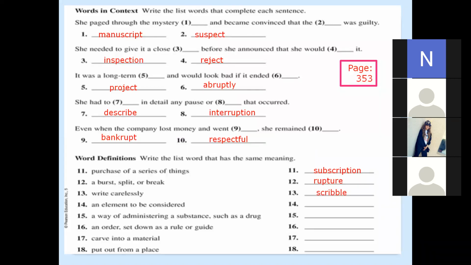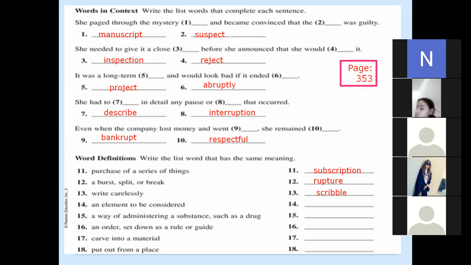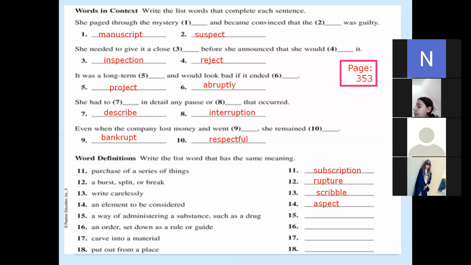Number 14 now. An element to be considered. Aspect. A way of administering a substance such as a drug. Injection.